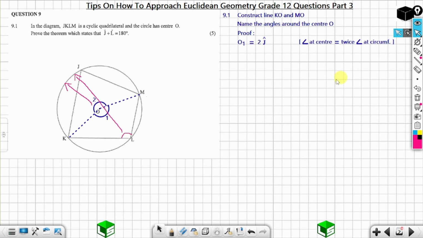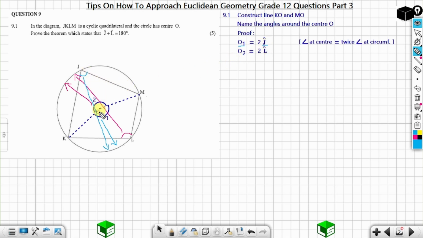The angle at the center O2 is twice the angle at the circumference L. You can see in the case of O1, O1 is subtended by a different arc, and angle J is also subtended by the same arc as O1. This is why we combined O1 with J.